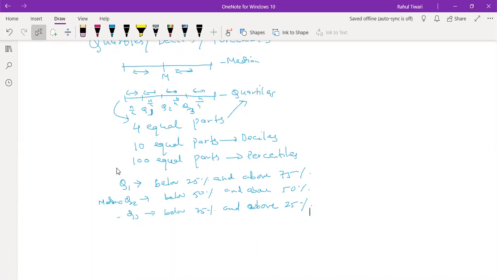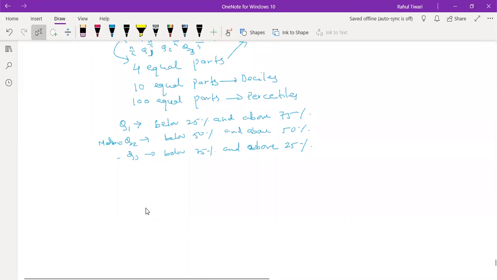This is a very small concept. Similarly, we have decile and percentile, and we can work in a similar manner. There is no change in the concepts. I'll take quartiles so you can understand how it works.